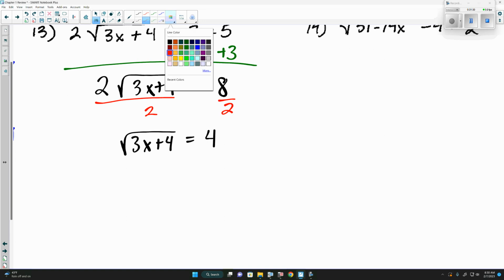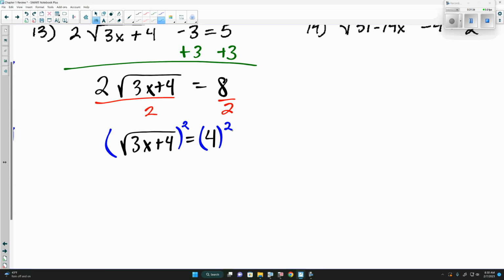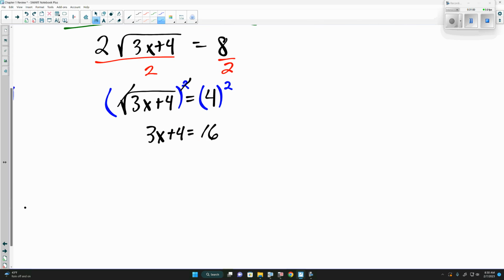Since we got the radical by itself, we can square both sides, which tells us here the radical and the square will cancel, leaving us with 3x plus 4 is equal to, well, 4 squared is 16. Now on these here, we don't need the plus or minus.